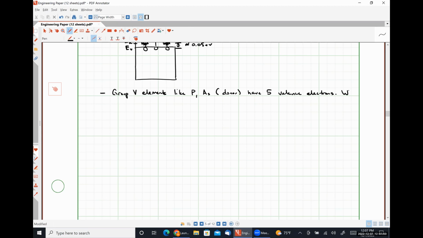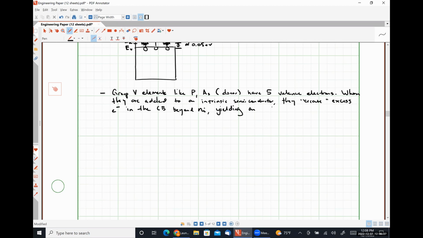All right. When they are added to an intrinsic semiconductor, they create excess electrons in the conduction band beyond the intrinsic carrier concentration, yielding an N-type material.